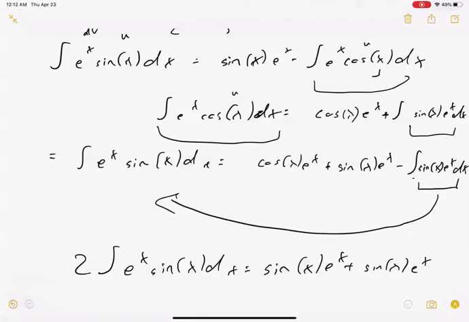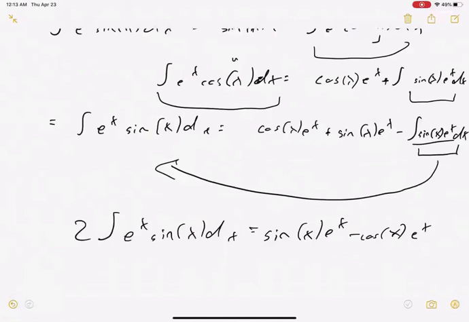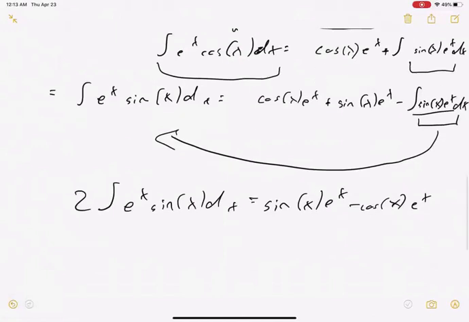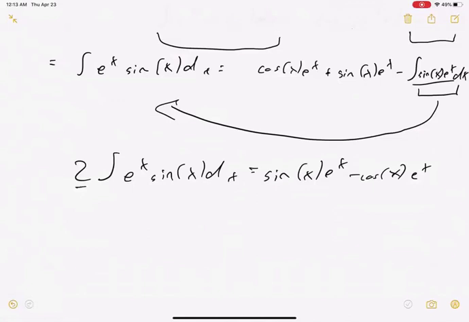Okay, this integral is still good. Okay. And we should end up with this. And then I'm going to divide both sides by 2.